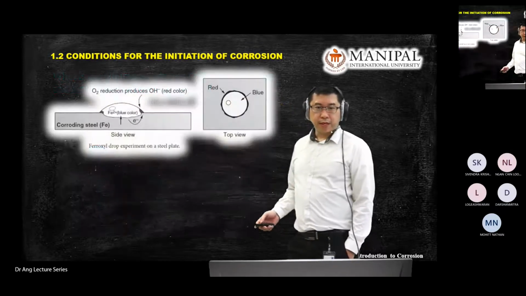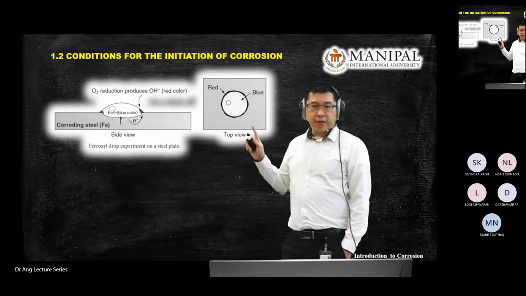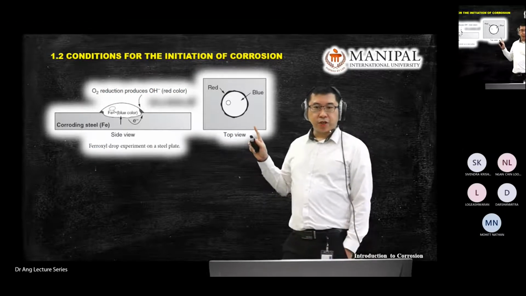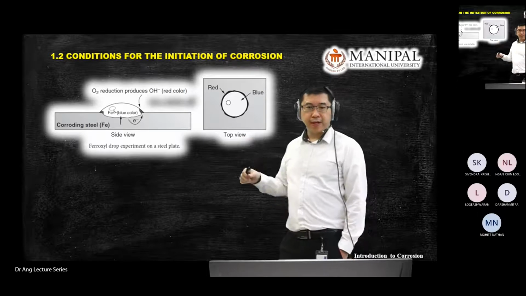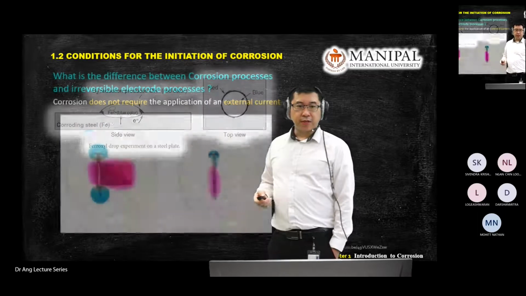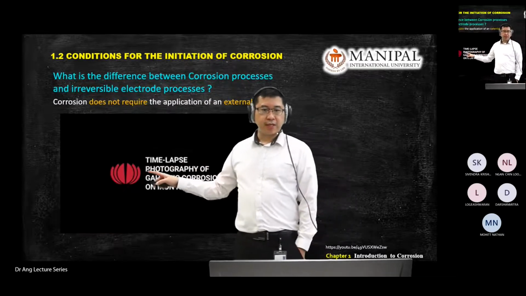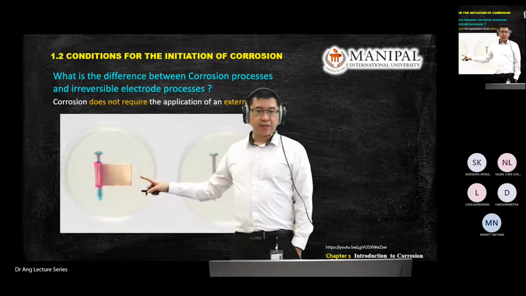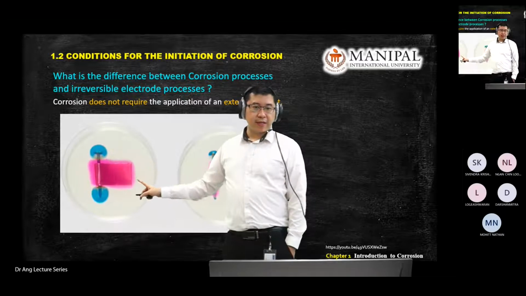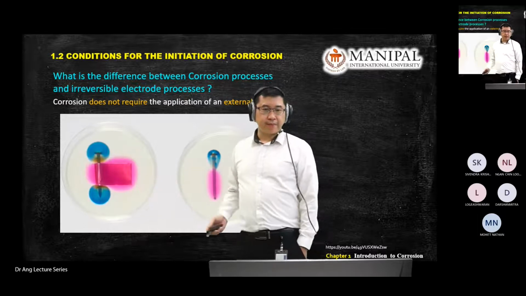So let's look into these two diagrams. Let's say we have a corroded sample, and this one is a top view, meaning you view from the top. You will see the blue color and the red color just now. In this video, you will see a change of color, and different colors here, the blue and the purple.